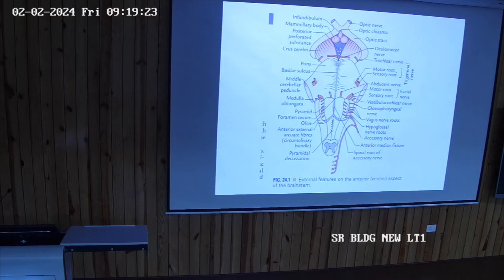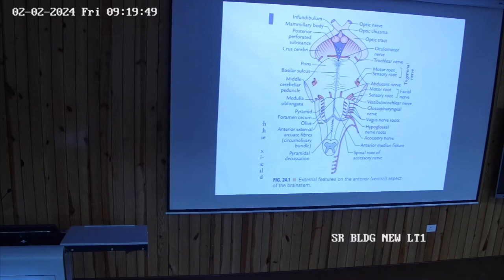Uppermost is the glossopharyngeal nerve, in the same line below it is the vagus nerve, and more downwards there is the 11th cranial nerve, the accessory nerve. All these three nerves come out from this part.